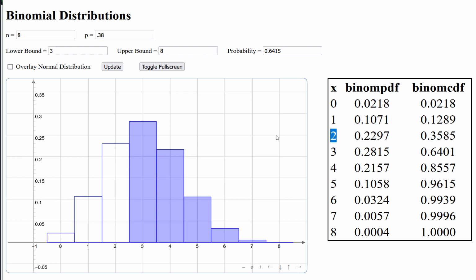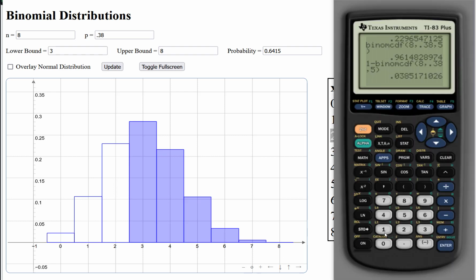I'll just grab the calculator and do it directly here. I need to get 1 minus, because I'm doing an area to the right. All right, then I will do binom CDF, then 8, .38, and then these white bars stop at 2, okay?